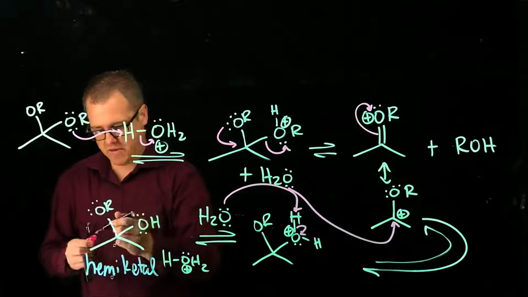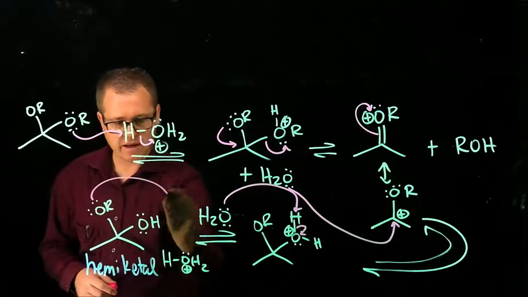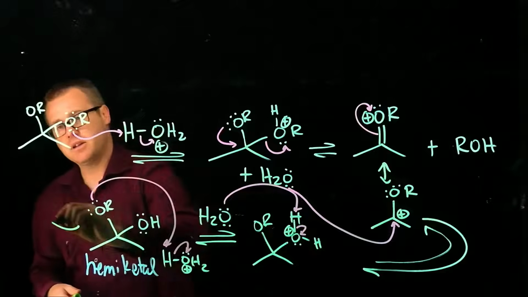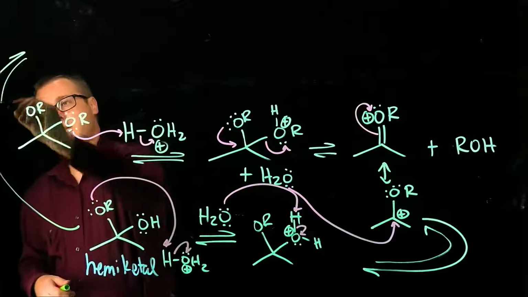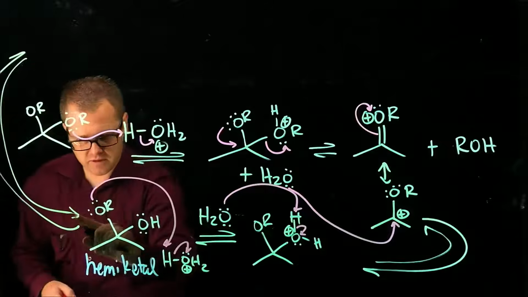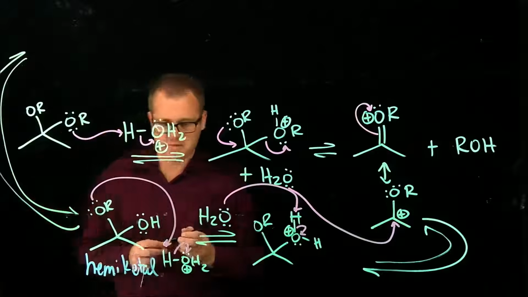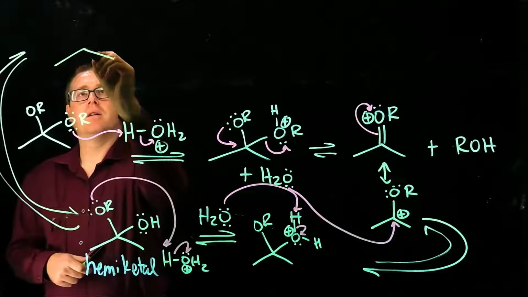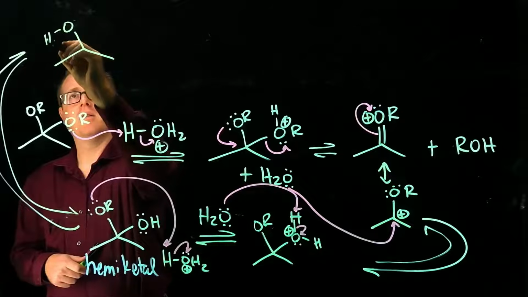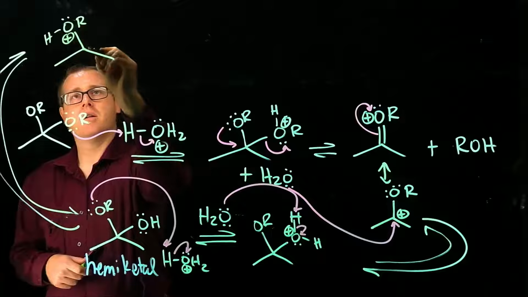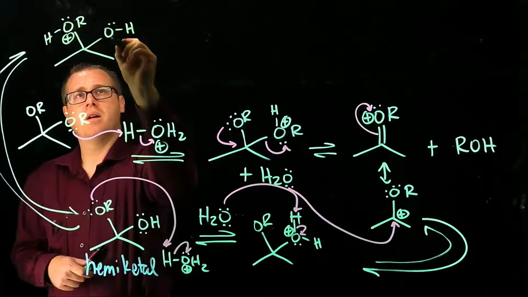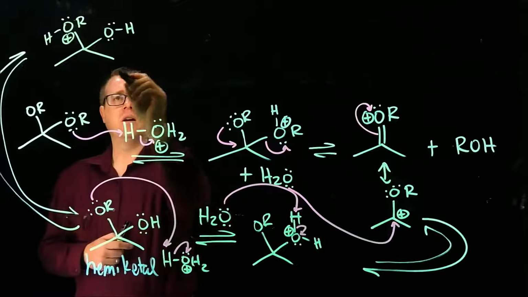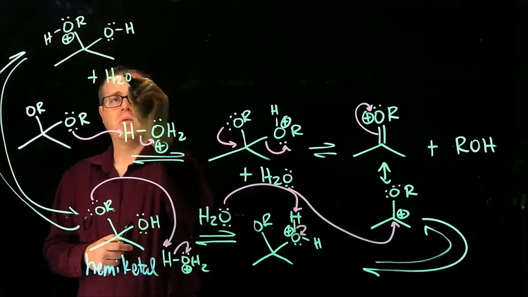So can you envision, hey, we want to get rid of this one, so let's get rid of it by converting it into a good leaving group. And so this one is going to come up here, and this is all reversible. So we have now generated OROH. And we also generated water again.